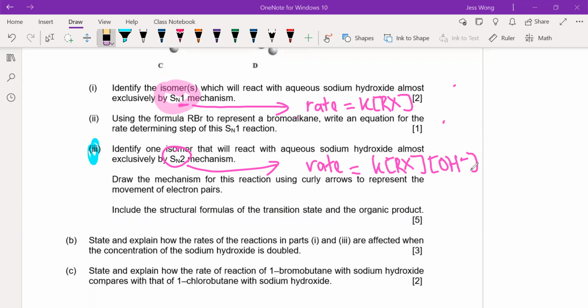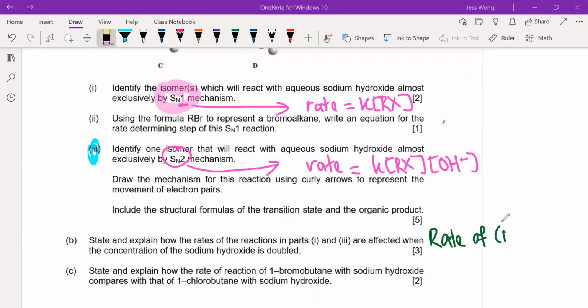So you can look at this and identify how the rates are affected when the sodium hydroxide is doubled. If you look at the equation, you'll find that the first one, SN1, is zero order with respect to OH minus. Therefore, the rate of SN1 will not be affected.